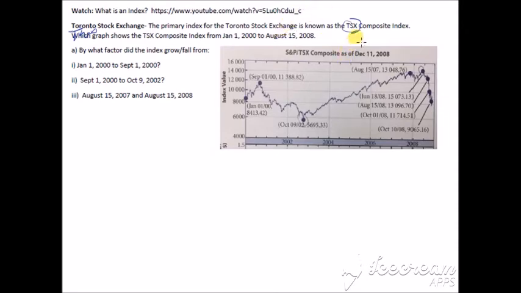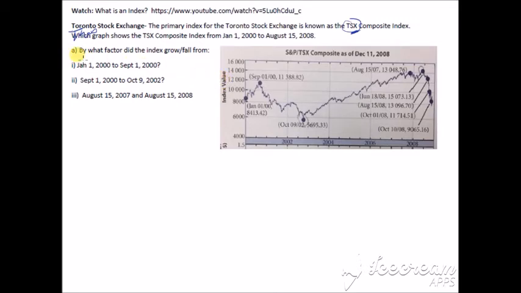What the TSX is, is an index based on a bunch of different stocks in the stock market. There's like the TSX 500, and that's like 500 different stocks. So if we looked at the trend of the TSX index, it's going to tell us the trend of basically the overall stock world.